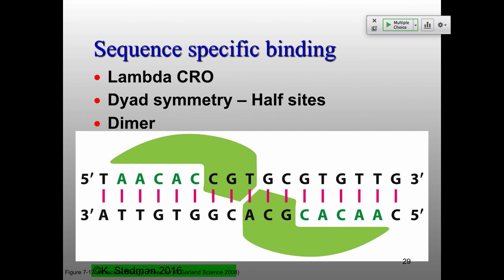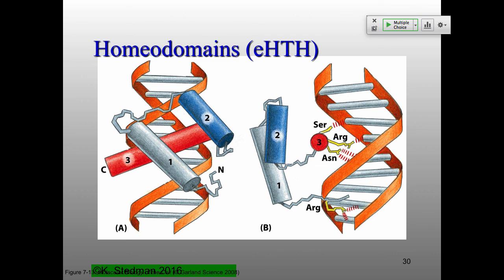Okay, so the classic DNA binding motif in bacteria is the helix turn helix. Eukaryotes have a few more, and I actually like to think of this one as sort of the eukaryotic helix turn helix motif, also known as a homeodomain, and you can tell immediately by the name it's a domain, so this actually does have its own structure. We looked at one of these a little while back.